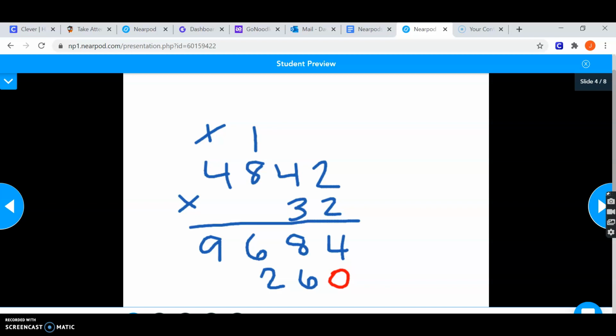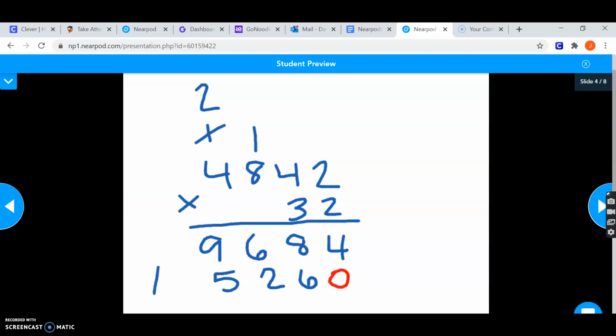I'm going to count 3, 6, 9, 12, 15, 18, 21, 24. Then I'm going to add that 1 up top, which is going to make that 25. And now, last but not least, I have 3 times 4, which gives me 12, plus 2, which gives me 14.